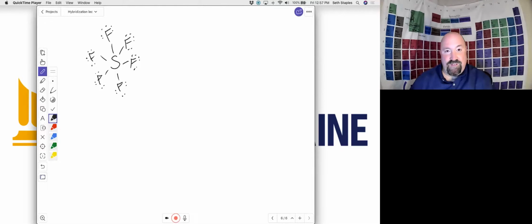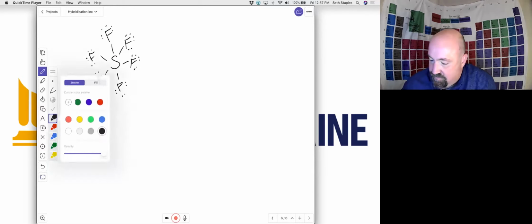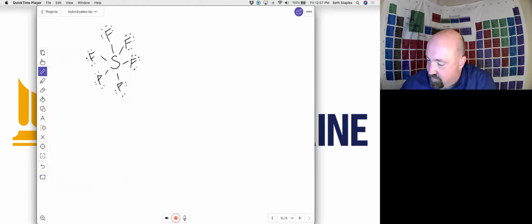So there's SF6. If we look at our sulfur, sulfur has 1, 2, 3, 4, 5, 6 different single bonds going to it. And so now sulfur would need to make 6 sigma bonds.